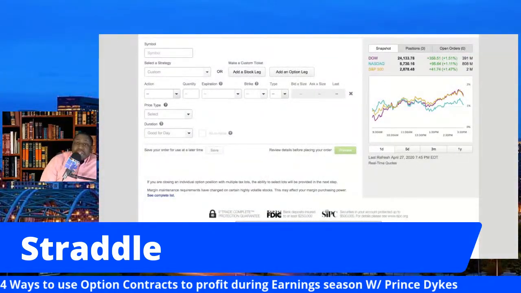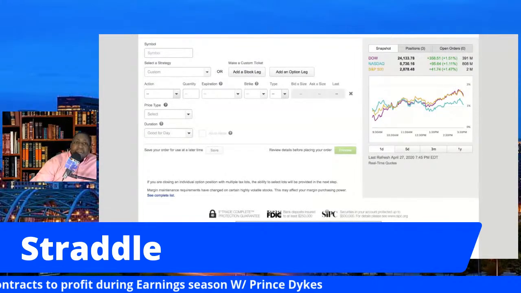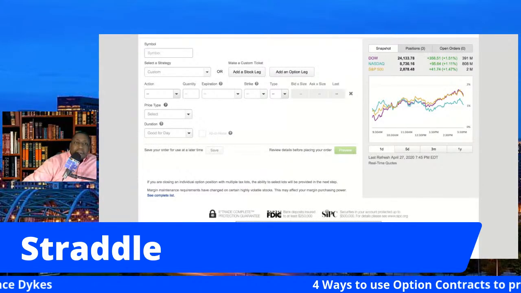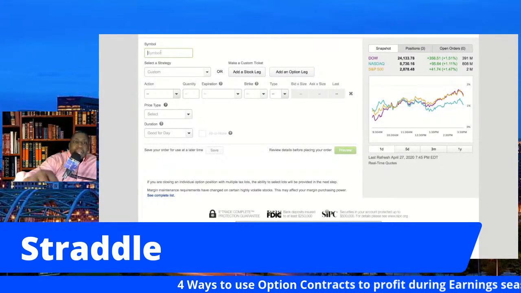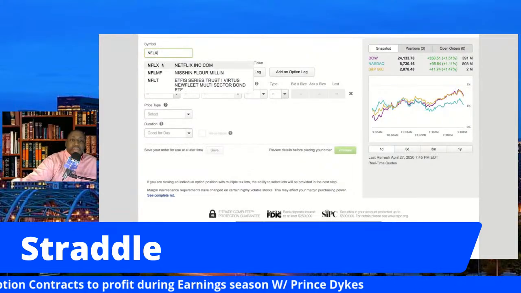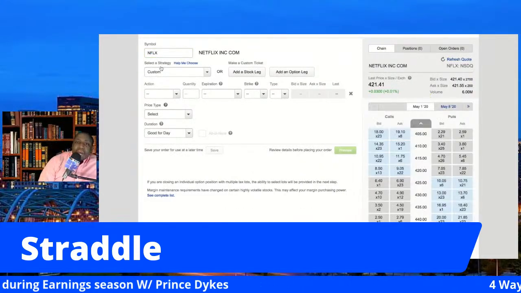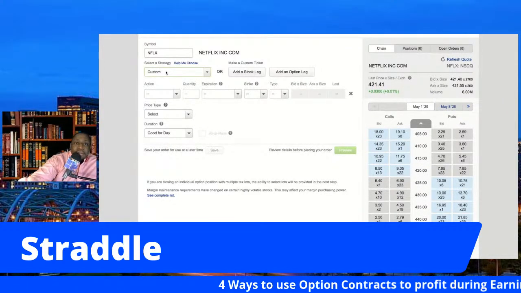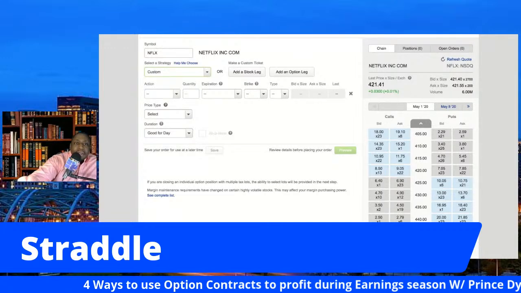But anyway, if you go to options, you get ready to trade that option, right? Let's say we was looking at Netflix, NFLX. You're saying, Prince, I ain't that smart, man. I don't know how to buy a straddle. How do I know to buy a straddle? They make it easy for you. Hit right here. You got all these different things.